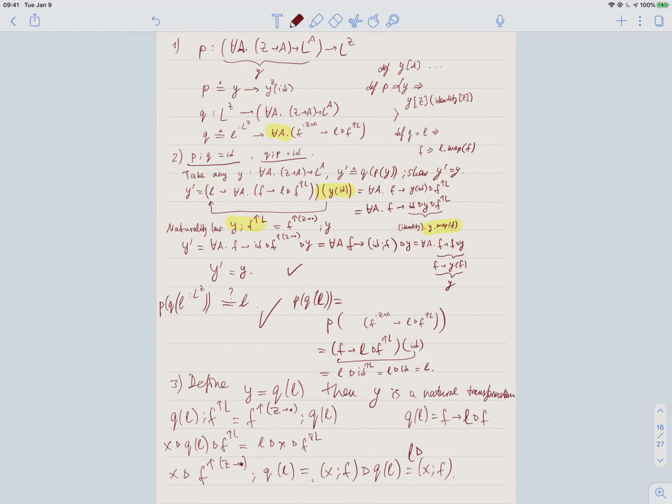So actually I forgot here to lift f, so this is not quite right. Let me fix that.